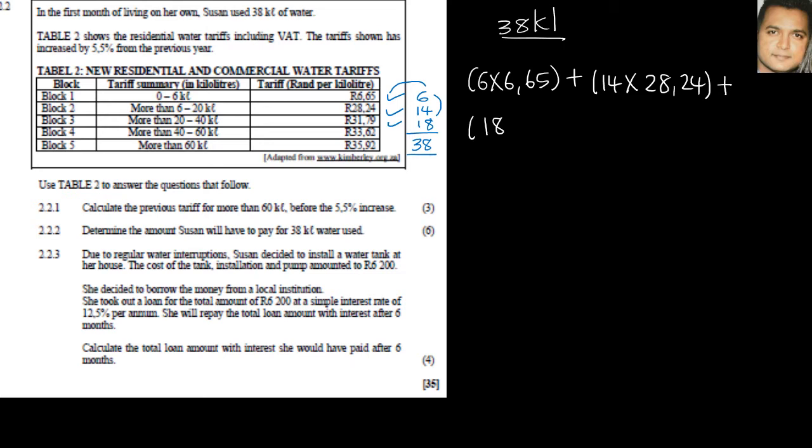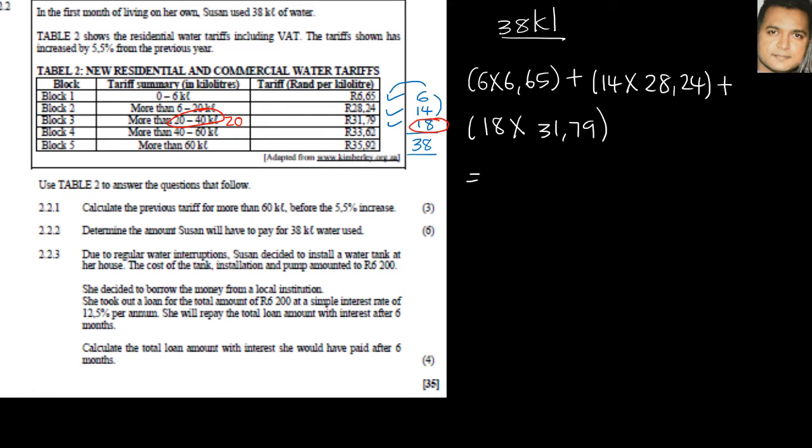In this section, from 20 to 40 is actually 20, but we only need 18 to give us our 38. So keep that in mind when you're doing your calculations, that you don't exceed it, because in this case we are stopping at 38. So we multiplied by the amount that's in line with that 18, and I ticked it off, which is 31 rand and 79 cents.